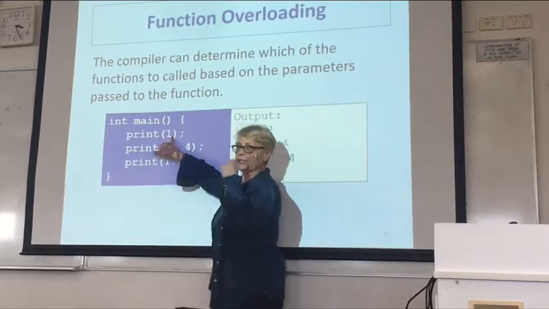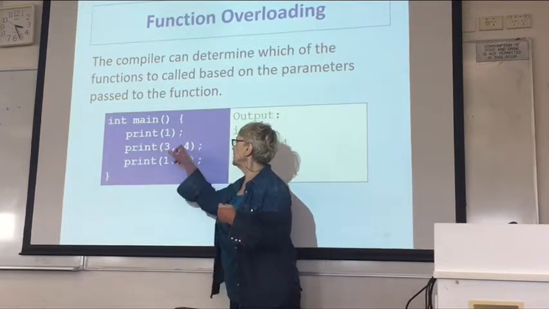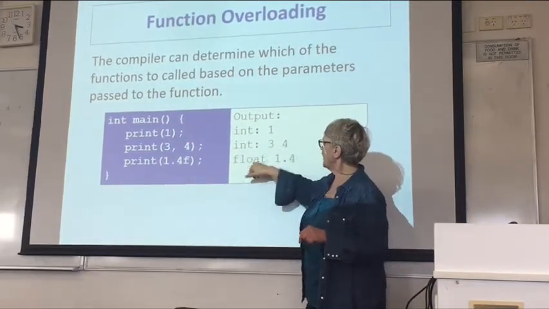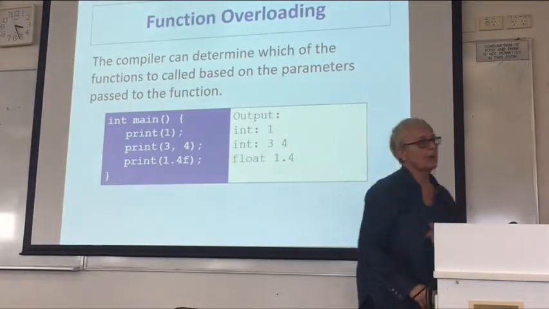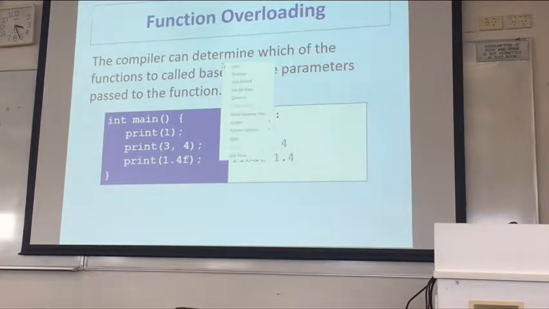It calls the first print function, and this is the output. When we use 2 actual values, it calls the second, and for the third, it calls the float one.